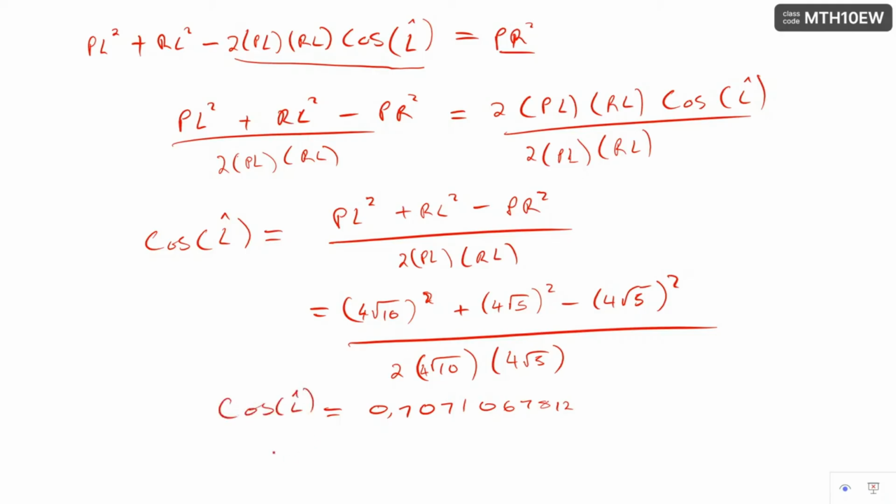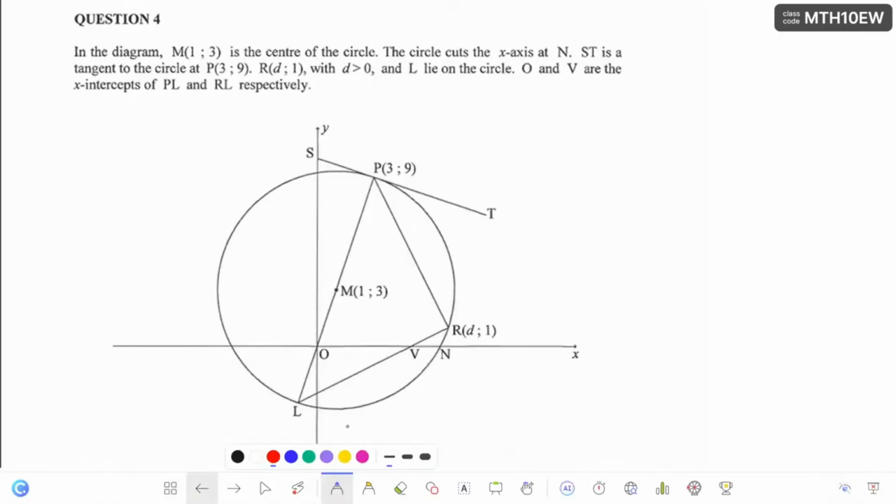So it's cos of L. So L is equal to cos second function, then you're going to put this number 0.7071067812. So if we say cos second function answer, you're going to get your L as 45. Your L is equal to 45 degrees.